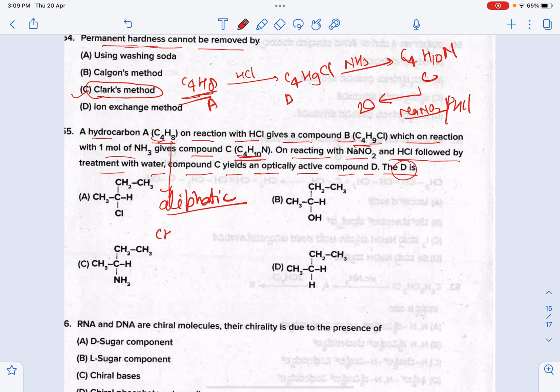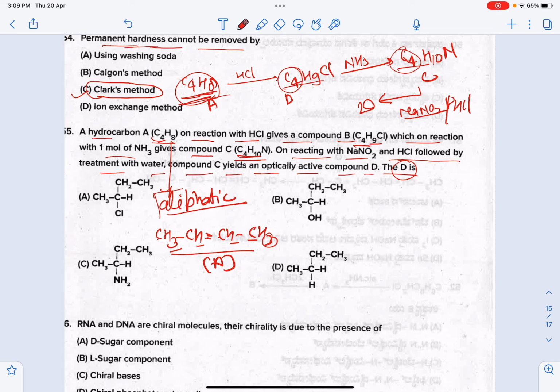So just write it out. When we write it, we find a compound with 4 carbons and 8 hydrogens. Okay, now we get the compound A. Simply from these things we know that the number of carbons is not changed, that means it will be an aliphatic compound. Okay, simply now you can solve it.